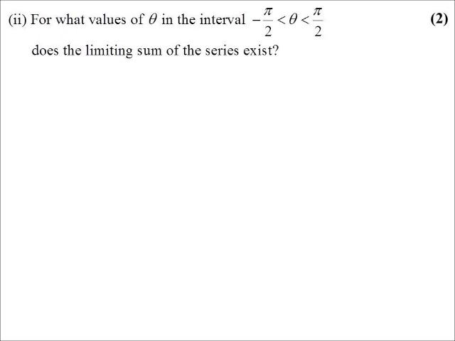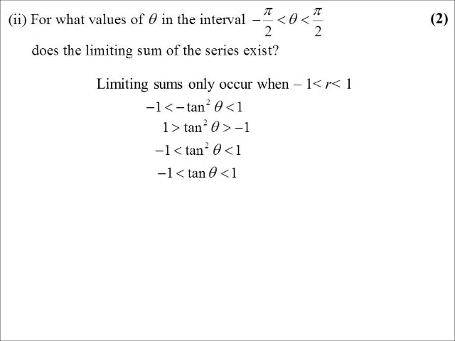Tan of 45 would be our spot. So anyway, that's, I guess, what we've got to find. So limiting sum will only occur when the ratio is in between minus 1 and 1. So minus tan squared theta has to be in between minus 1 and 1. Which means, well, if I change the sign, I change the sign. But that's ugly. Oh, it's the same thing. What do you know? But I guess that makes sense.